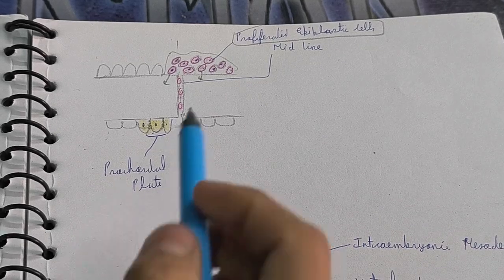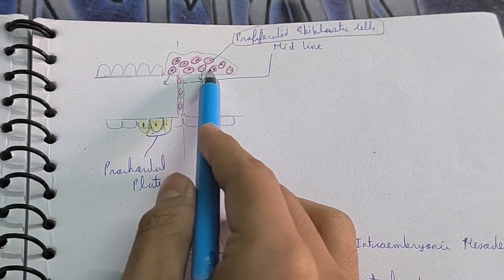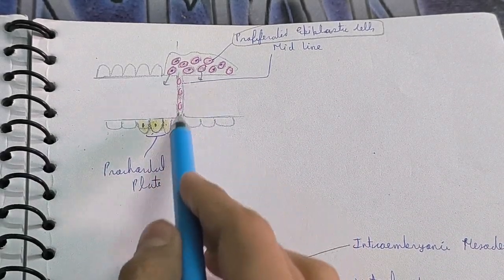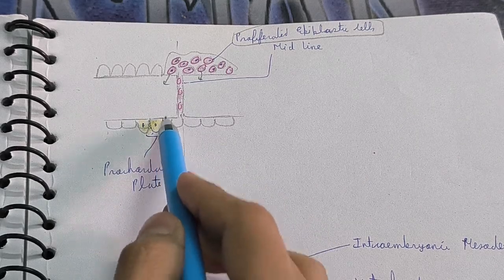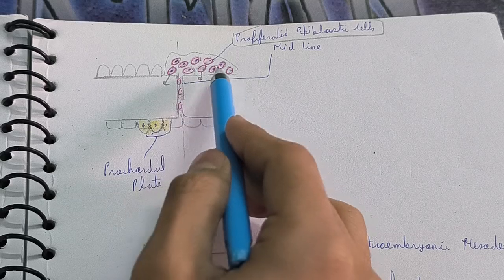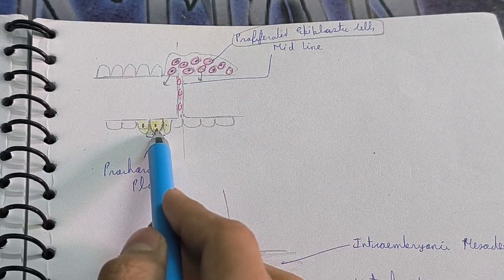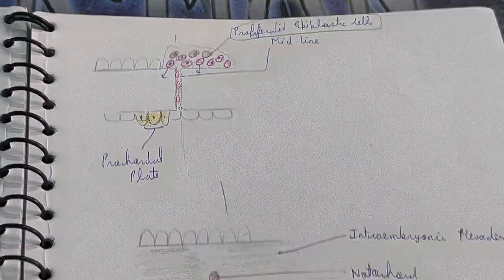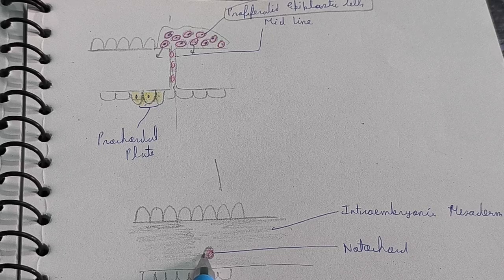So friends, see that when these proliferative epiblast cells migrate cranially towards the prochordal plate in the midline between the primitive streak and the prochordal plate, then only notochord formation occurs.